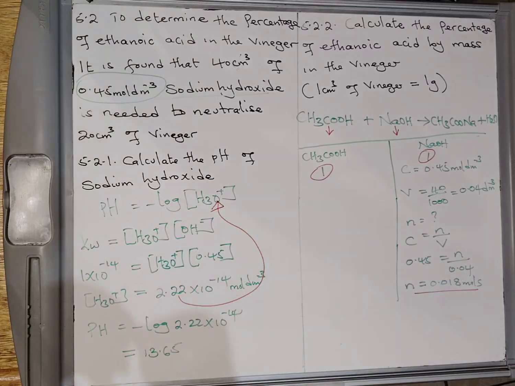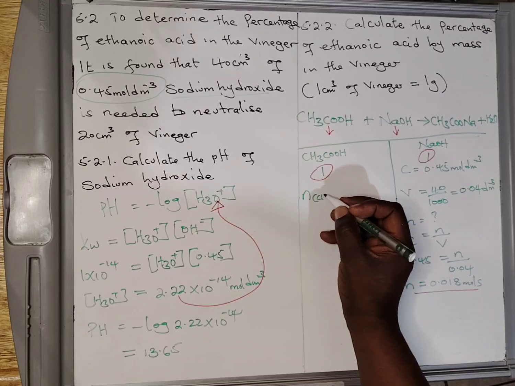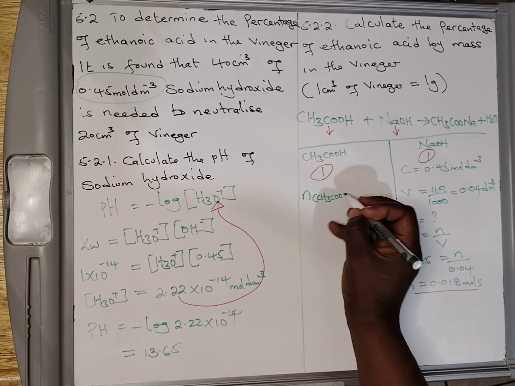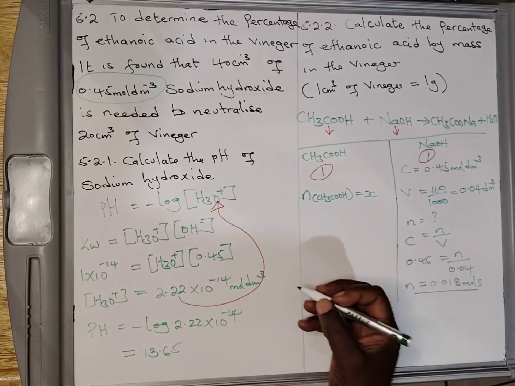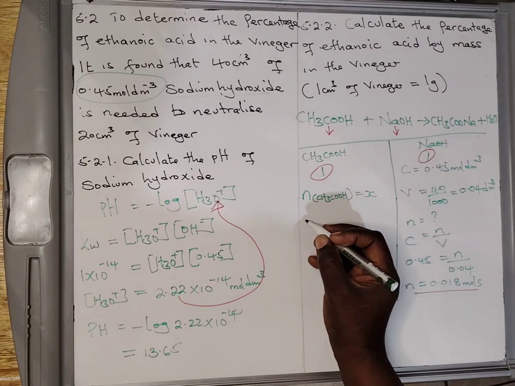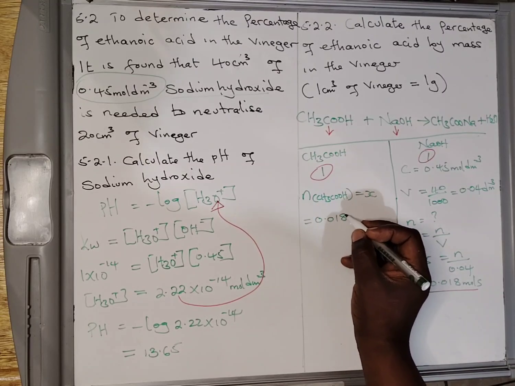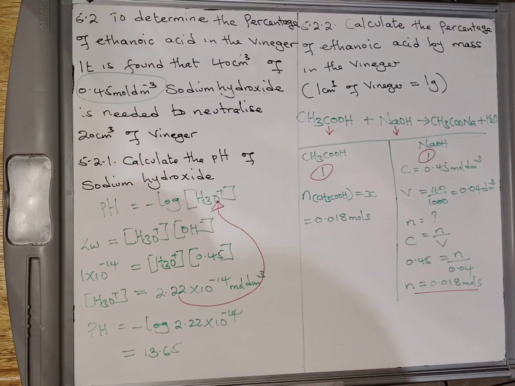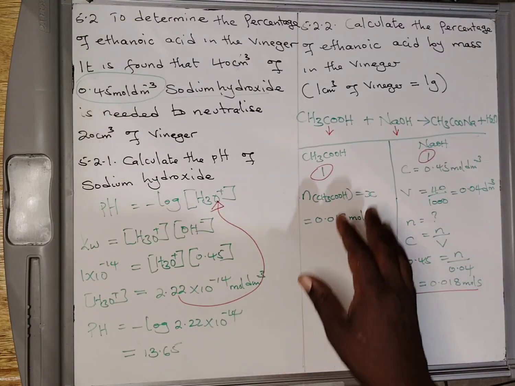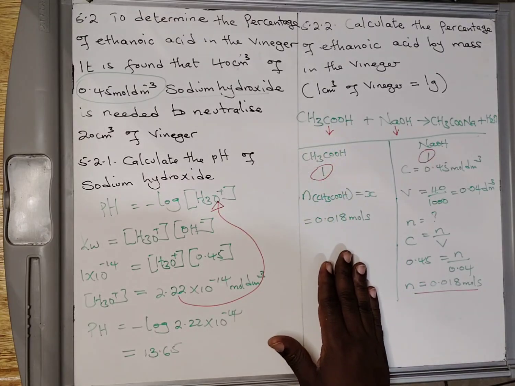So the number of moles of ethanoic acid is the same, because the ratio is 1:1. It is going to be 0.018 moles. Now we know the number of moles of ethanoic acid.